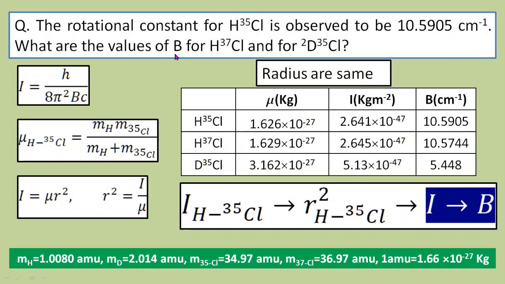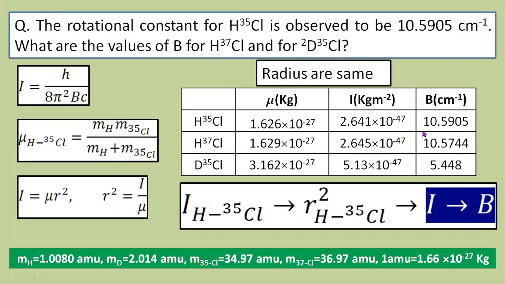What are the values of B for HCl where the Cl is 37, and another molecule where we have deuterium and 35Cl?